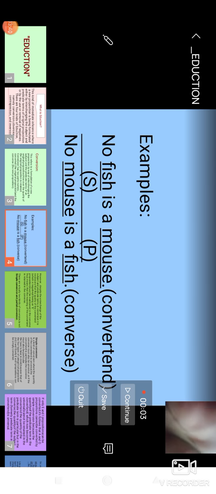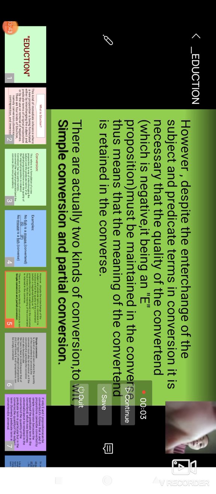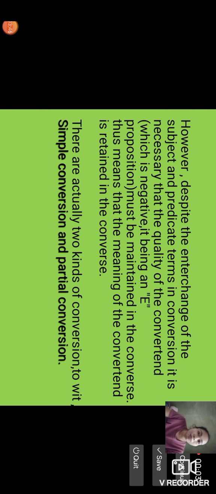So let's proceed. However, despite the interchange of the subject and predicate terms in conversion, it is necessary that the quality of the convertend, whether negative or affirmative, must be maintained in the converse.